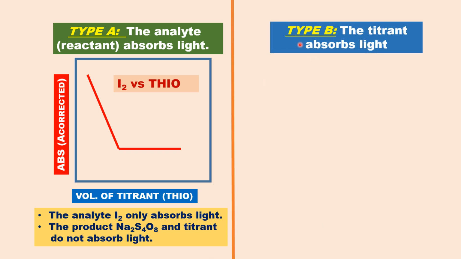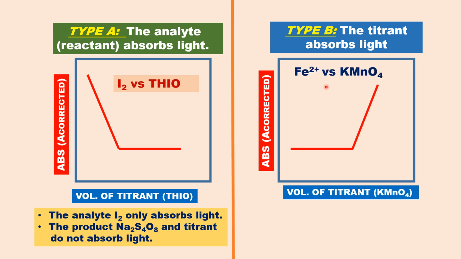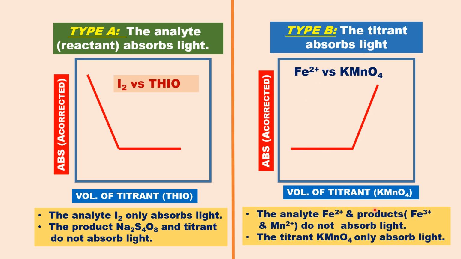Let us see type B. In this type, the titrant only absorbs light. For example, let us take ferrous ammonium sulfate in the titration cell and KMnO4 in the burette as titrant. Ferrous ammonium sulfate does not absorb light, and on adding KMnO4, ferrous is converted into ferric and MnO4 is converted into Mn2+.